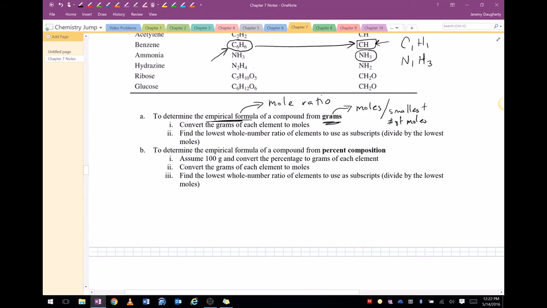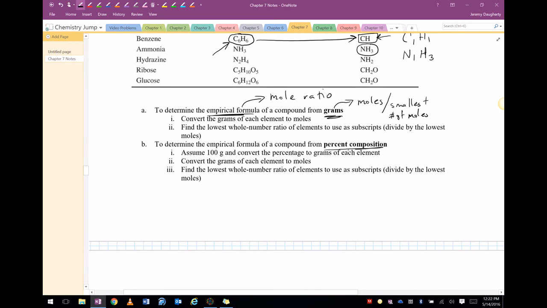If we are given percent composition, it's not too different. The only thing you have to do is convert your percent to grams. What you're really saying is, if I have 100 grams of the compound, how many grams do I have of each element?